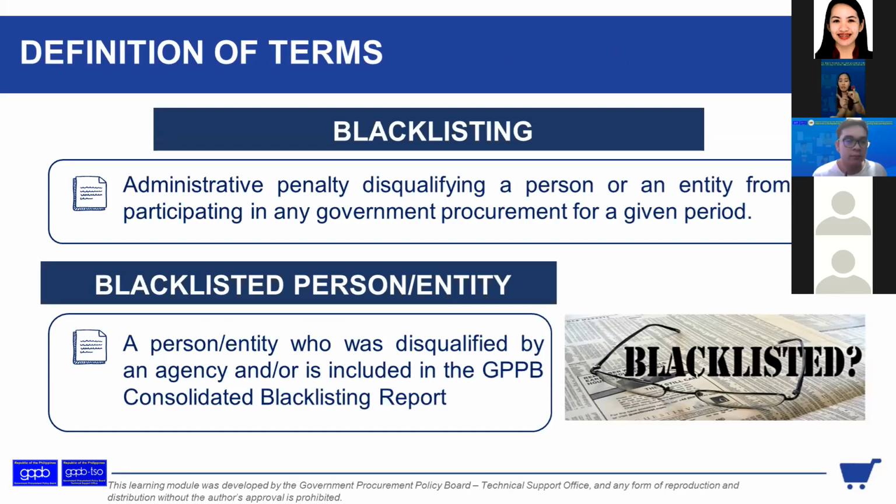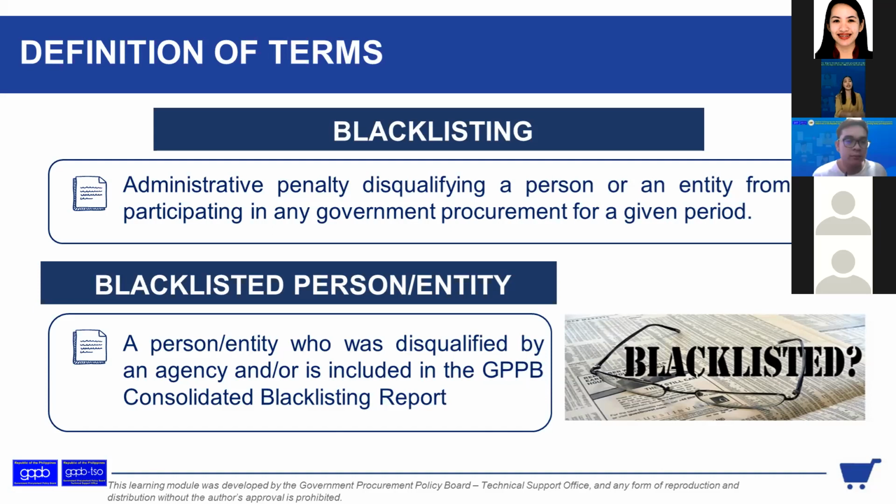It's an administrative penalty na disqualified na ang person or entity, natural or juridical, to participate in any government procurement for a given period, hindi lang yung mga procurements sa particular procuring entity. So, the blacklisted person or entity was disqualified by the agency and is included in the GPPB Consolidated Blacklisting Report.